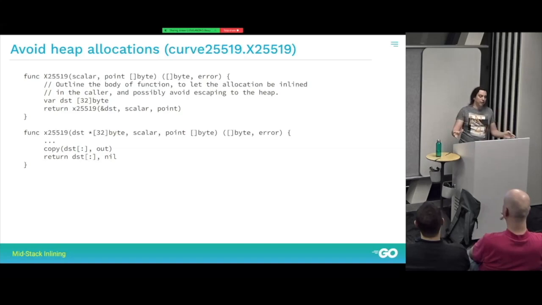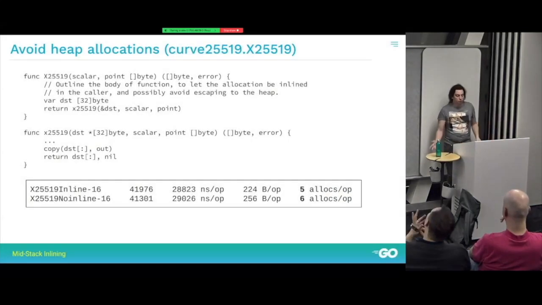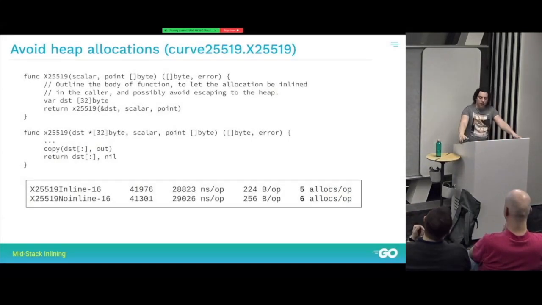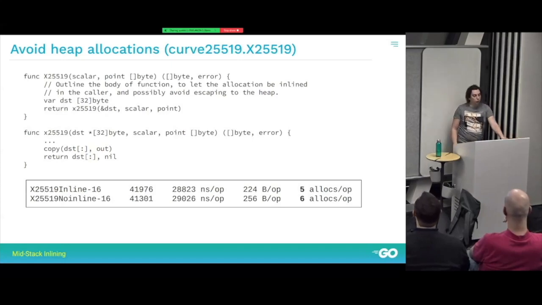And yeah, by not having to allocate it on the heap, you won't get much of a speedup, by the way. I tried to benchmark this by just adding the go:noinline directive to the exported function. When you see the comparison, it's not slower.